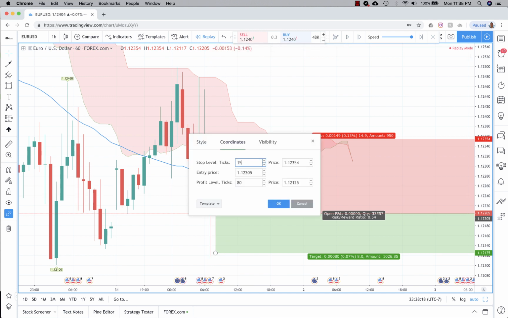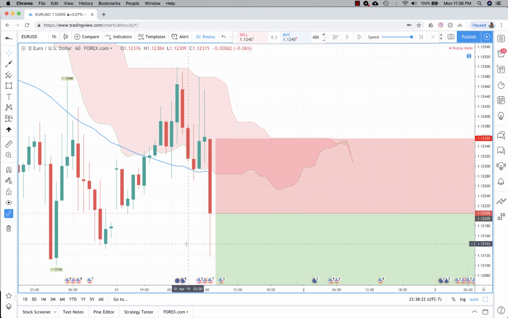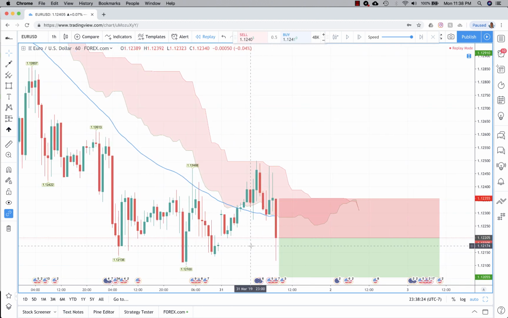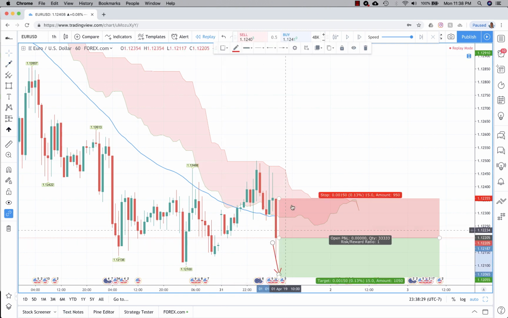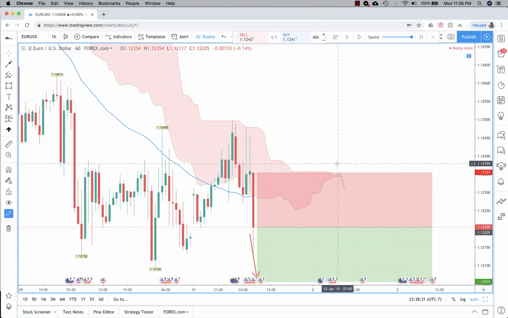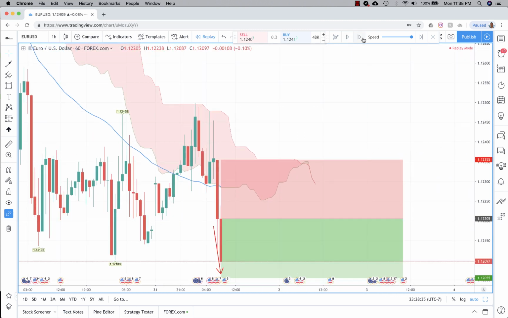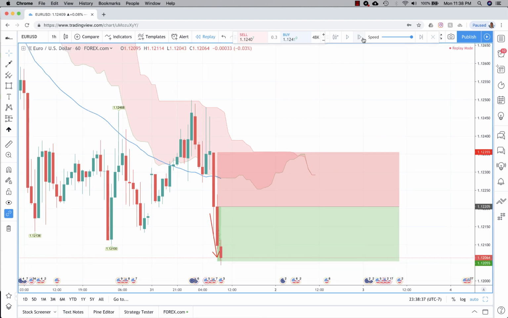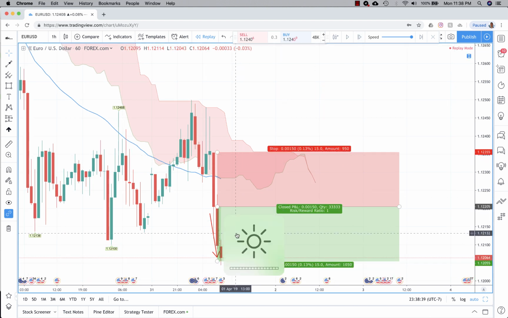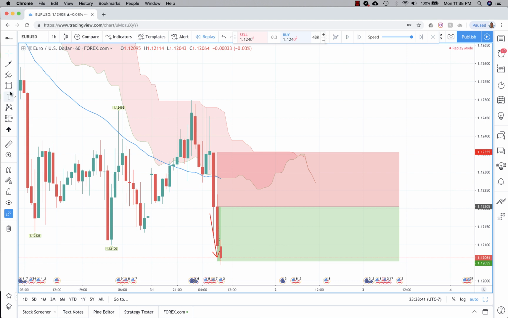So I'm gonna round it up to 15, and then now I am anticipating it to go down again because it's a trend continuation. So let's move it next. Almost there. Boom, winner. So we won 15 pips on this.